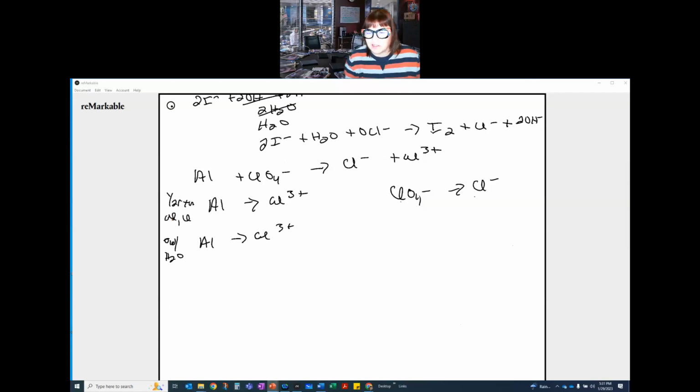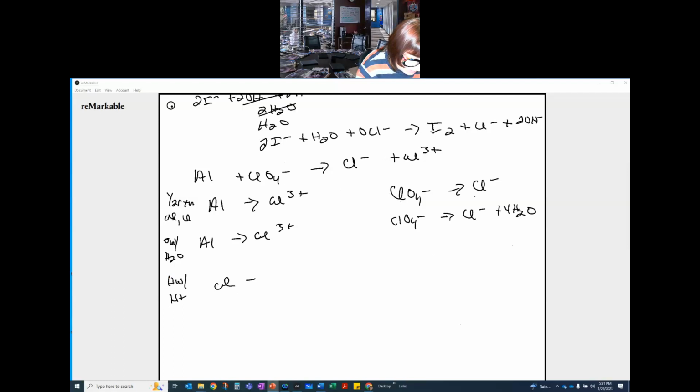I keep forgetting that I need to label the steps that I'm doing. So Al goes to Al3 plus, and ClO4 minus goes to Cl minus plus 4H2O.